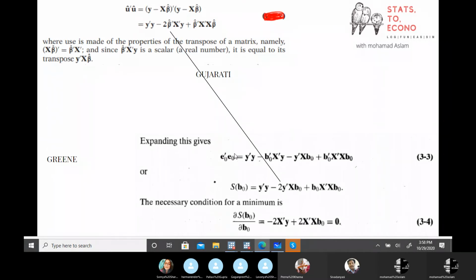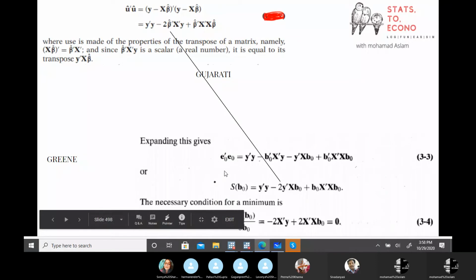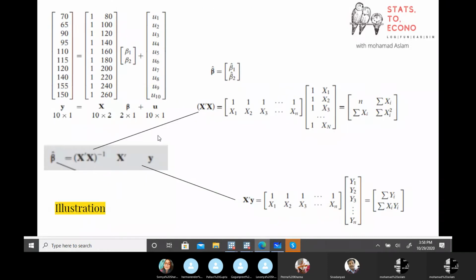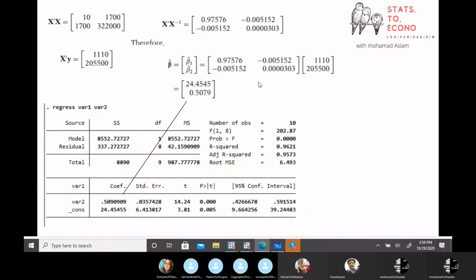We differentiate this u hat square with respect to the beta hat matrix, and with that we get these values in the form of matrices. This one is the matrix of beta hat, and this is the matrix X transpose X inverse into X transpose y, because of the multivariate case.